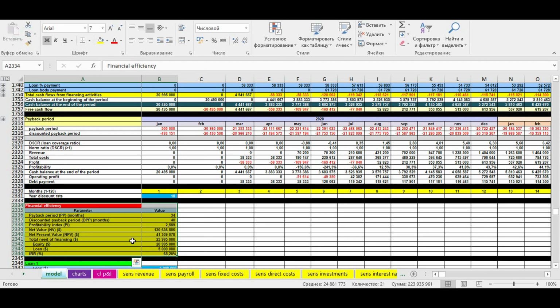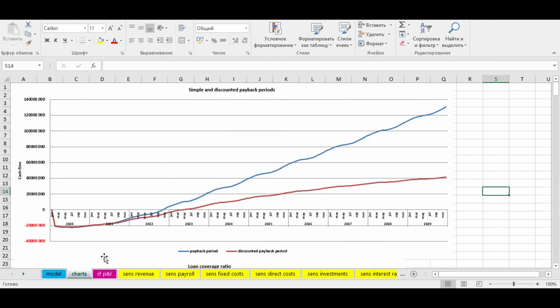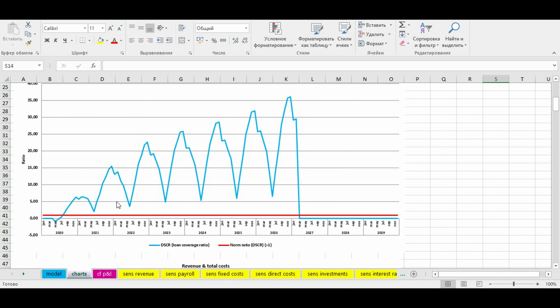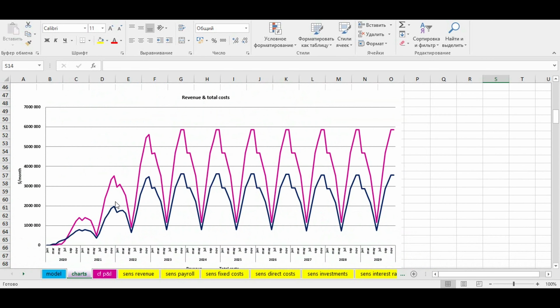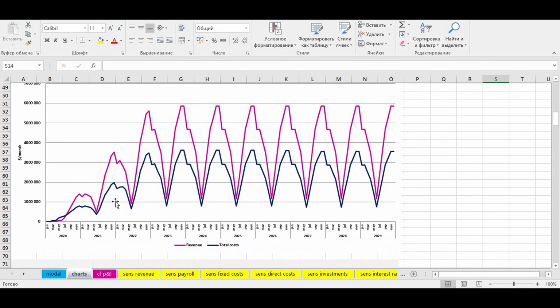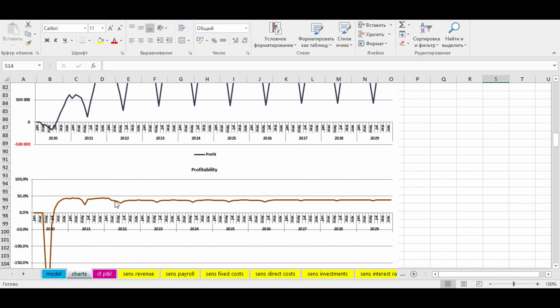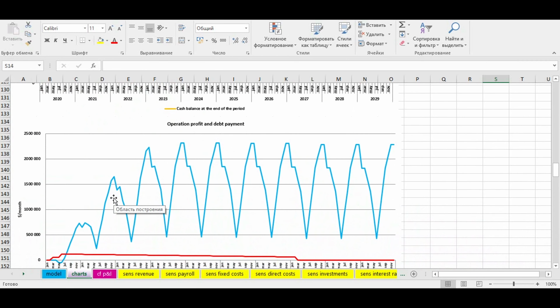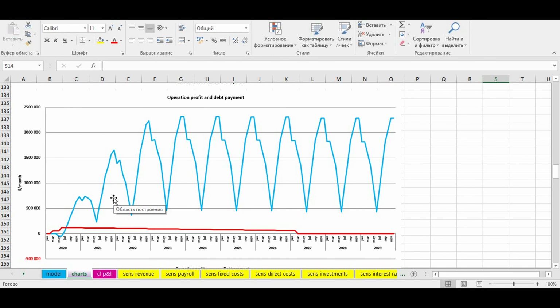Now we can see the graphic illustration of our business idea. Here, we see in monthly detail simple and discounted payback period, loan coverage ratio, revenue and total expenses, profit, profitability, cash balance, cumulative profit, operation profit, and loan payment.